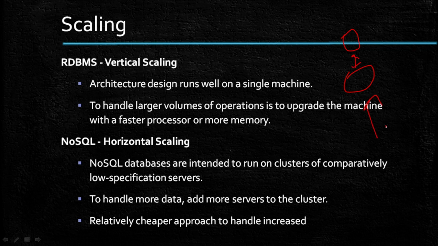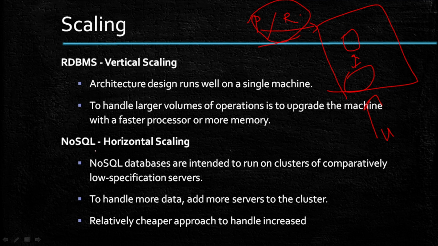Users will request like this. When you are upgrading the database, you need to upgrade your machine, such as the processor or your RAM size. If you want your database to perform very well, you need to improve your machine's processor or RAM size.